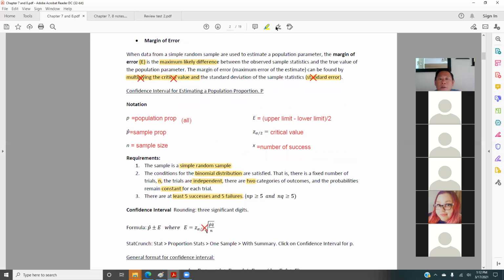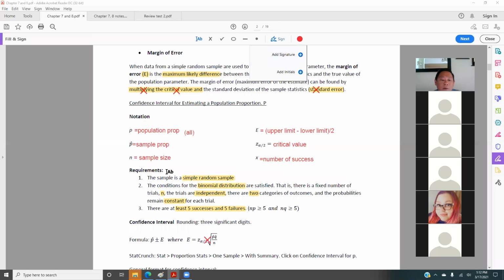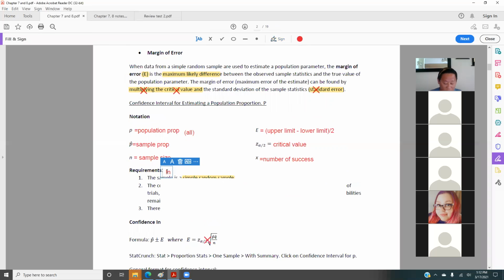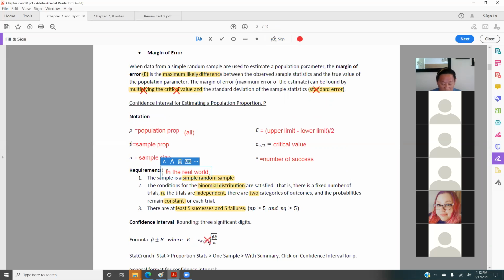So I just want to put a note here. In the real world, if one of these requirements is not fulfilled, you stop. However, in your test, you have to continue.